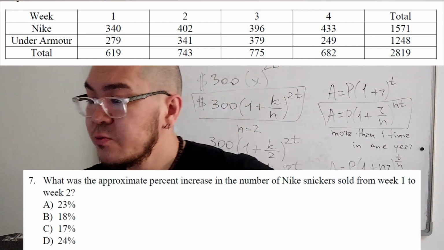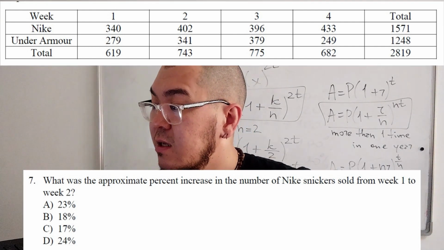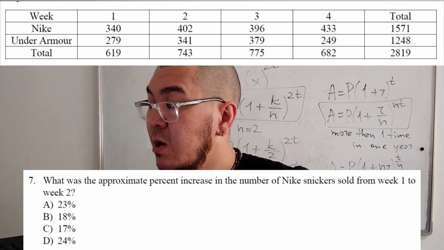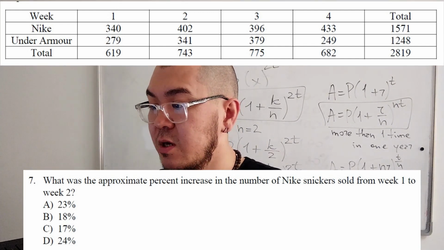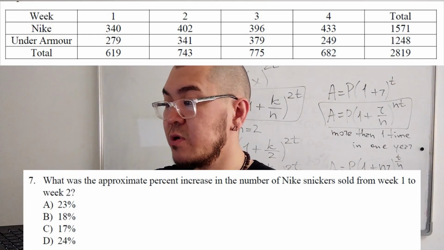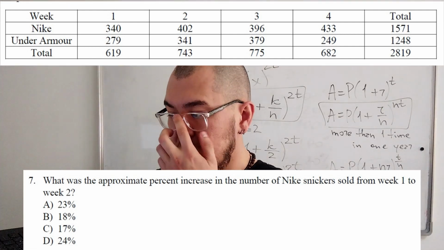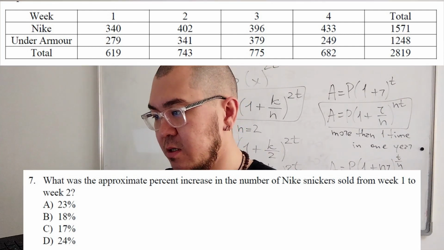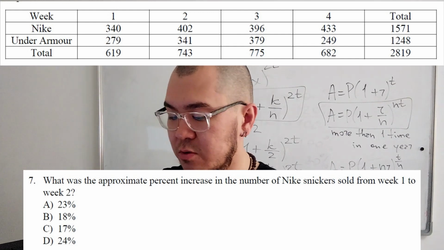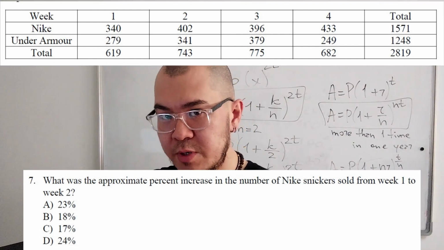Number 7. What was the approximate percent increase in the number of Nike sneakers sold from week 1 to week 2? Okay. The amount of sneakers sold in week 1 is equal to 340. Week 2, 402. So we see the amount of sold pairs increased, but at what percentage?